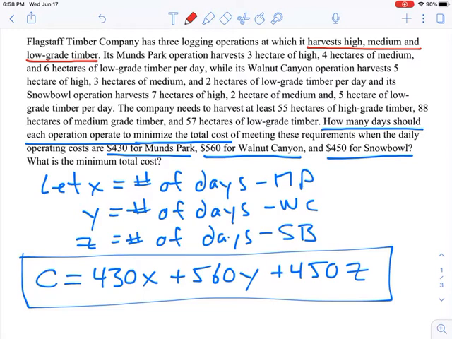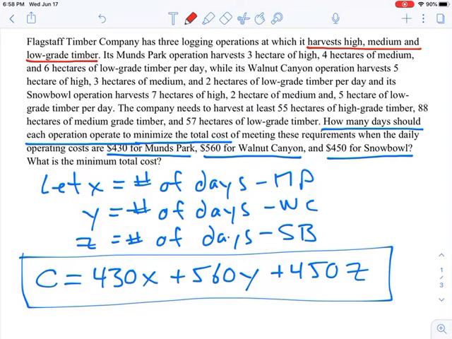Munds Park operation, which we know is X, harvests 3 hectares. Don't worry about what a hectare is. It's just a unit of measure. 3 hectares of high, 4 hectares of medium, and 6 hectares of low-grade timber. Walnut Canyon operates 5 hectares of high, 3 medium, 2 low-grade.